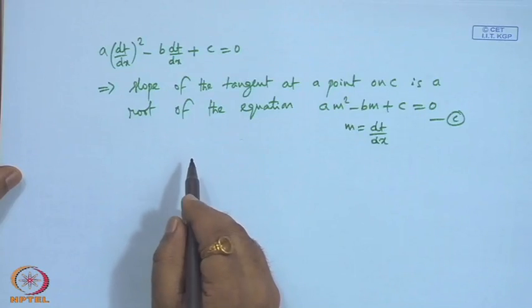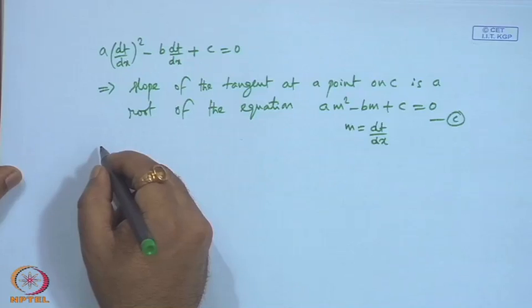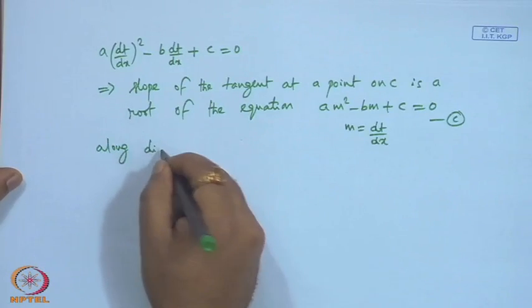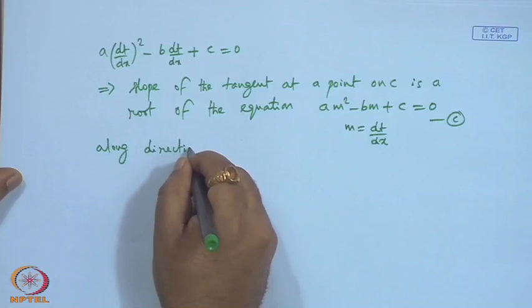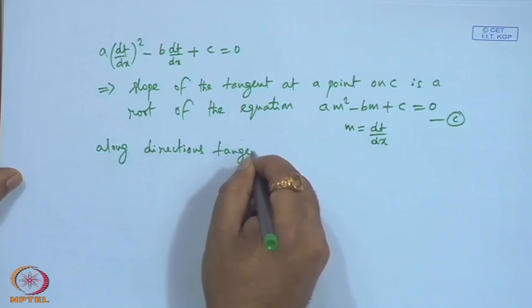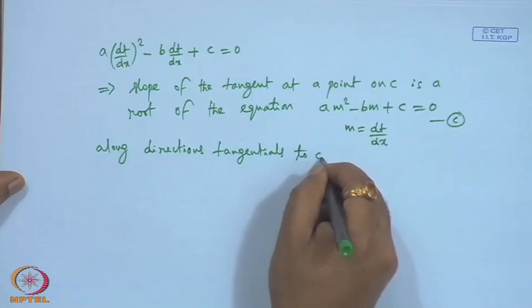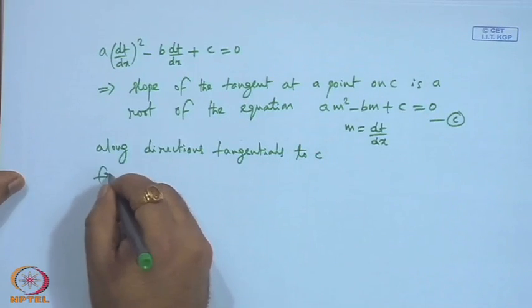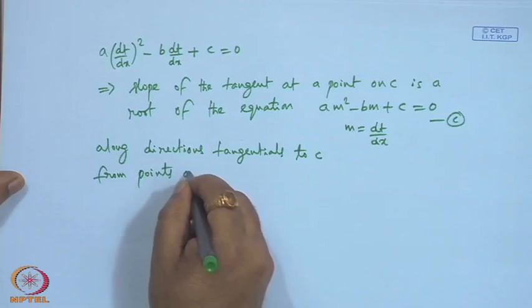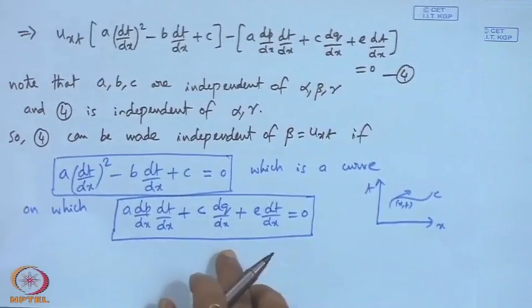Then the next inference: along directions tangential to C, from points on C, we have this relation.